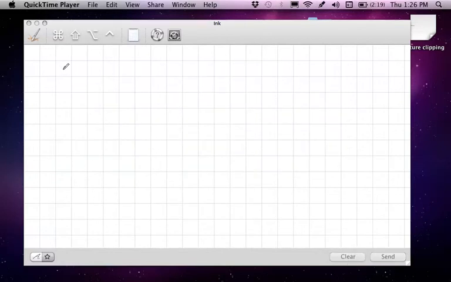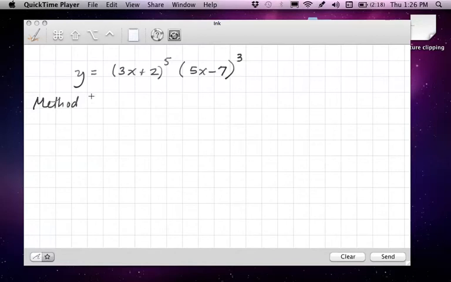So here's an example. I have y equals 3x plus 2 to the 5th times 5x minus 7 to the 3rd power. And I want to find y prime. Now, the method that you already know is to use the product rule, where this is my u and this function is my v.